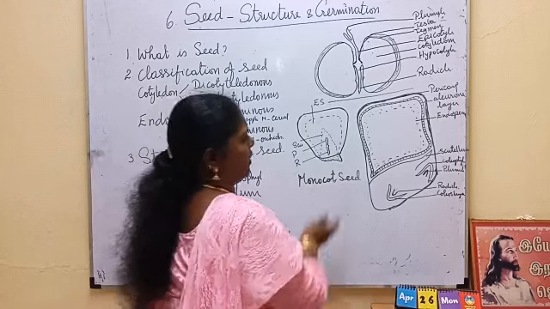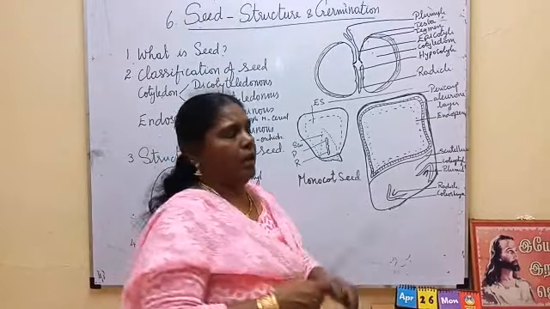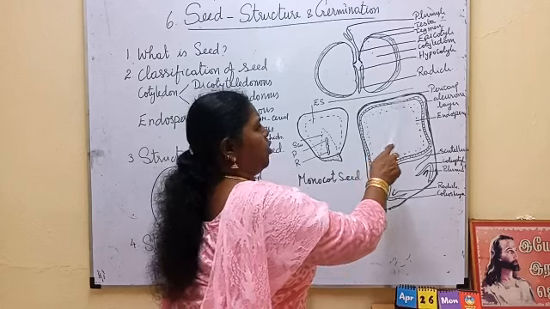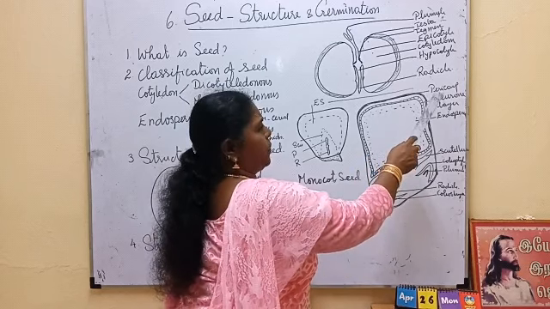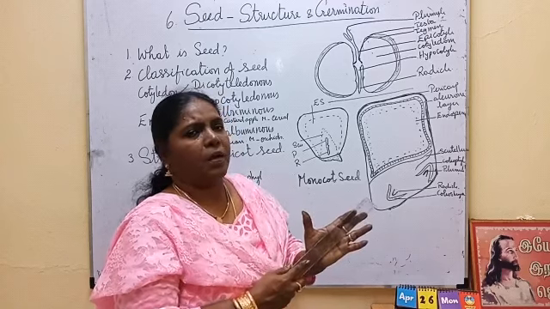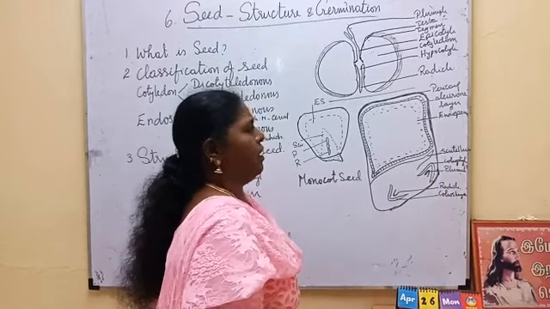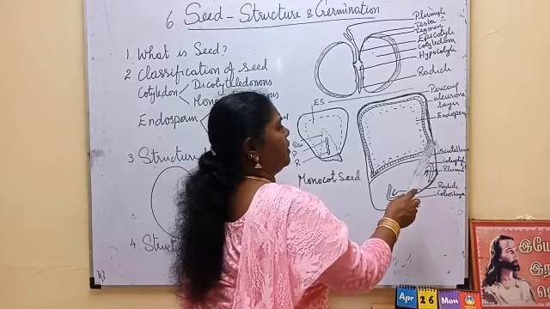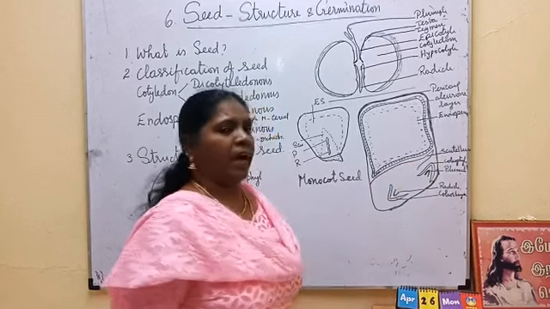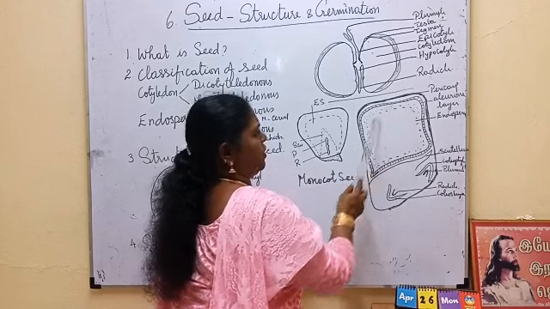If you take the LS, the longitudinal section, of the paddock, the outermost layer is the pericarp with testa. The seed coat and pericarp form the outer layer. Then it encloses a nutritious layer called the aleurone layer. The aleurone layer encloses the endosperm.